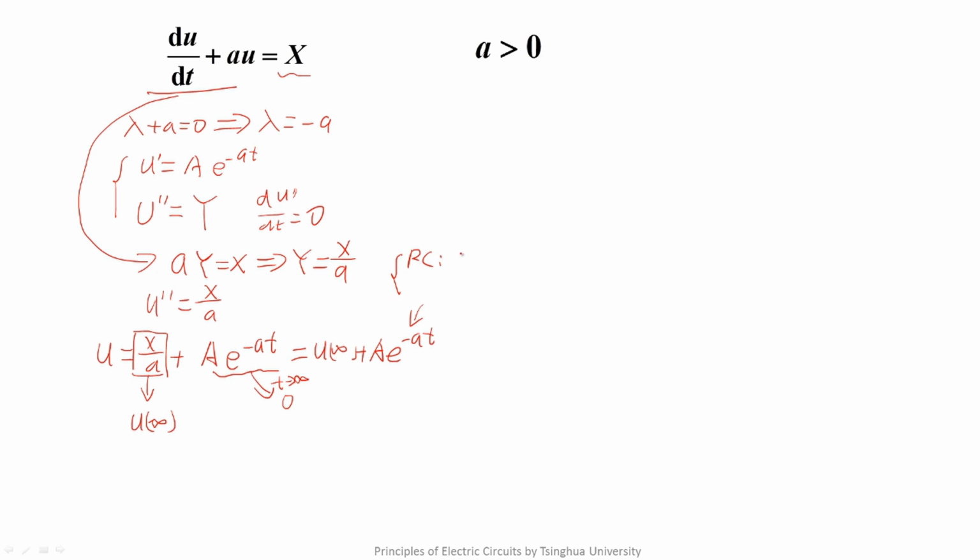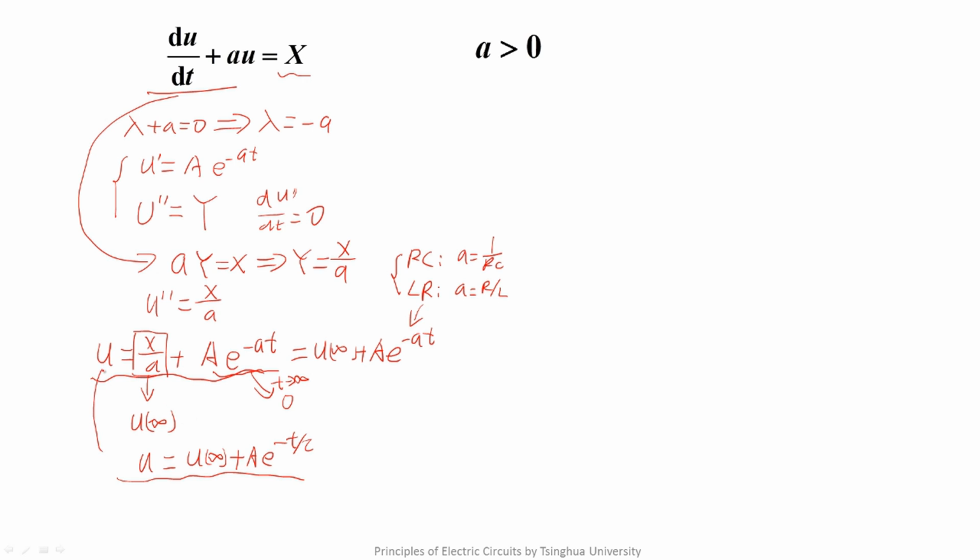For the RC circuit, A equals 1 over RC. For the LR circuit, A equals R over L. So the solution U equals U infinite plus A multiplied by e to the power minus t over tau. This expression is the same as this expression.